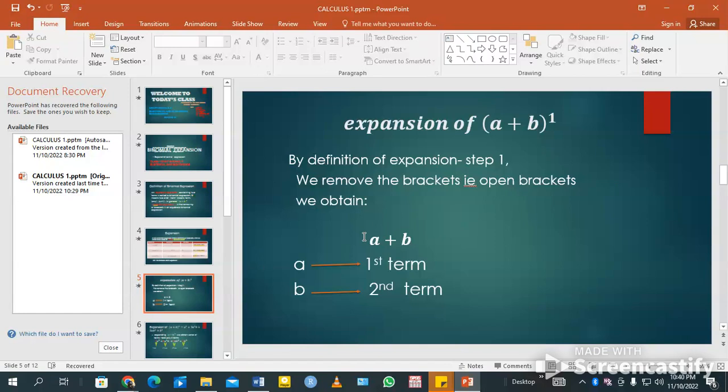So you can see from our expansion of (a + b) to power 1, by definition of expansion, we say that we remove the brackets or we open the brackets.